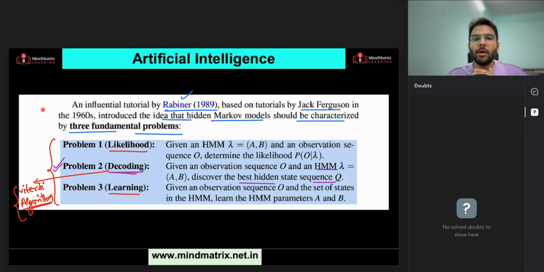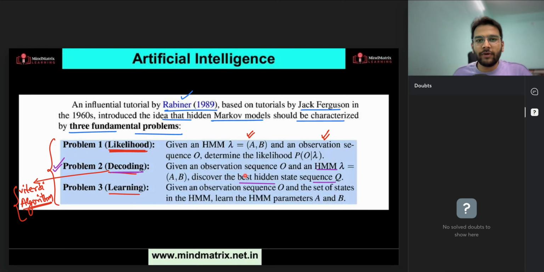Okay, so the next problem that we are going to talk about is the likelihood. Now we are going to talk about this first problem, that is likelihood. Let's read what it says. Given an HMM, so the input parameters are given to you. What else is given to you? The observation sequence is also given to you.